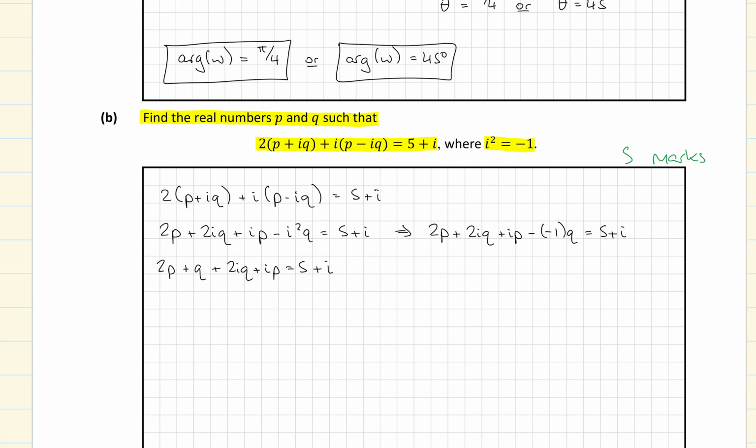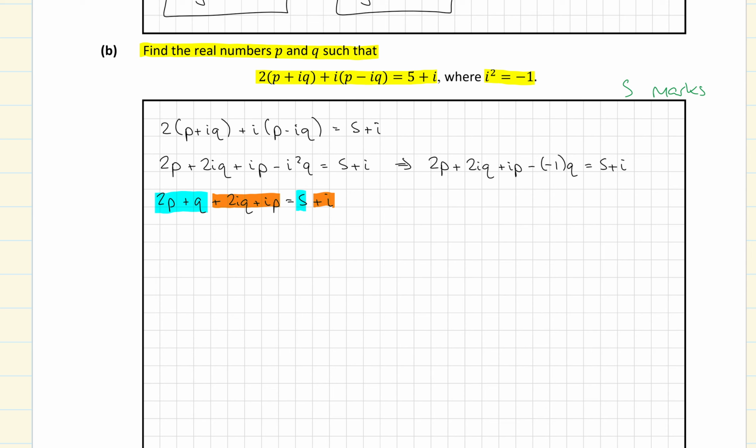So my next part now is to put reals with reals and imaginary with imaginary. So we get two equations essentially. So we have 2p plus q equals 5 and 2iq plus ip equals i.